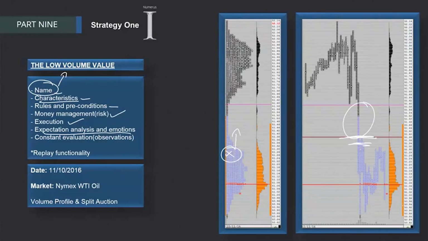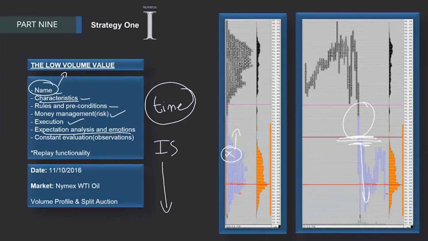And then in terms of some of the key expectations, time is a very important one, because once we enter on that first pullback, we expect the market to relatively easily auction lower. Why? Firstly, we get the initiative sell-off move. We then get a first pullback, and we should see some responsive sellers step in pretty aggressively and move the market lower.